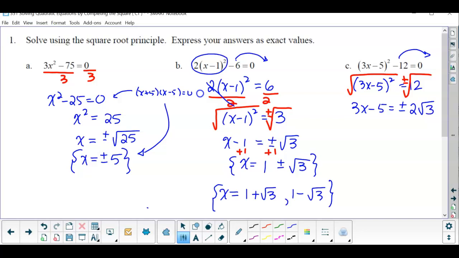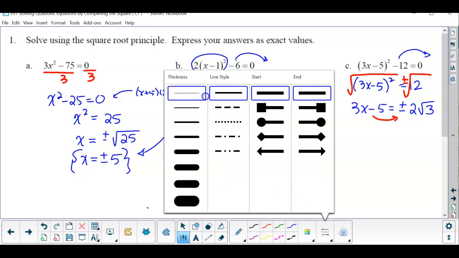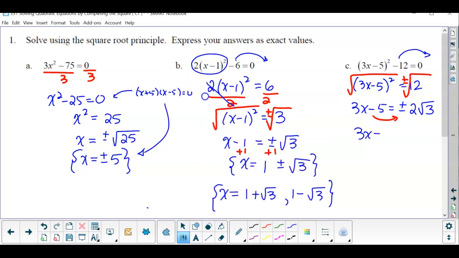Okay, don't leave it unsimplified. Then we're going to bring the 5 over by adding. So it's going to be 3x equals 5 plus or minus 2 root 3. And then we divide by 3.